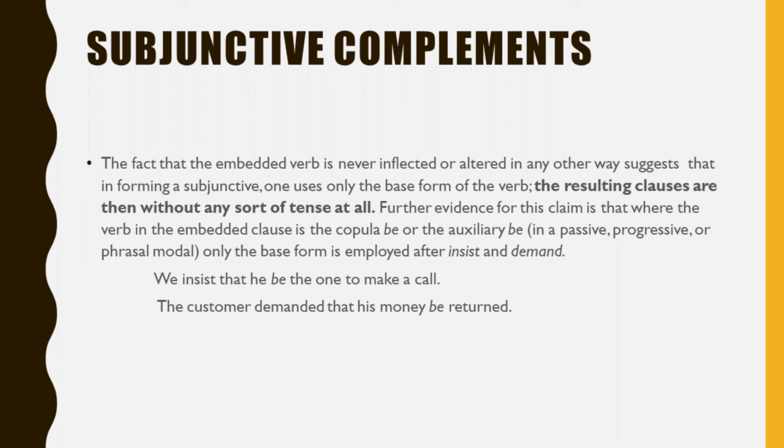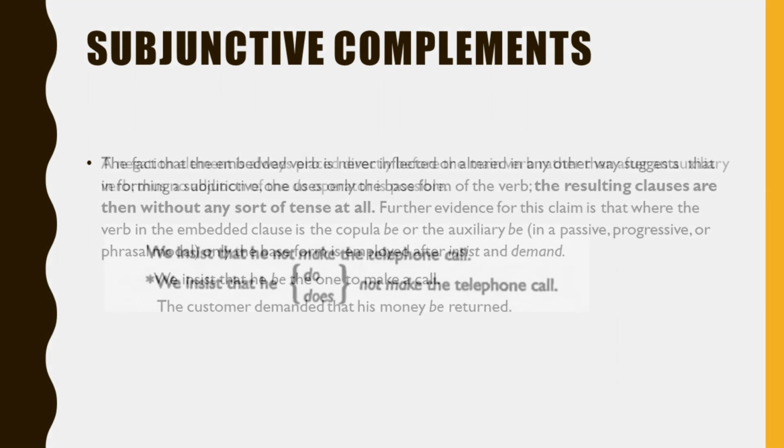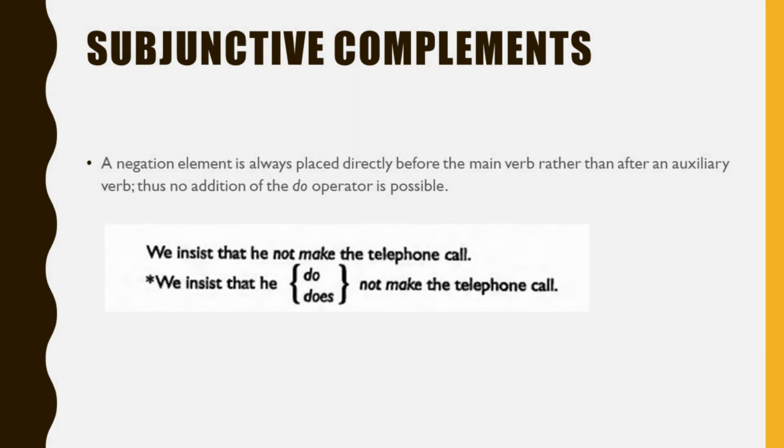So instead of using any passive, progressive, or phrasal modal, we should use the base form of the verb. In subjunctive clauses, a negation element is always placed directly before the main verb rather than after an auxiliary verb. Thus, no addition of the do operator is possible.